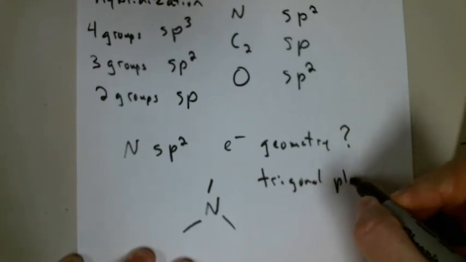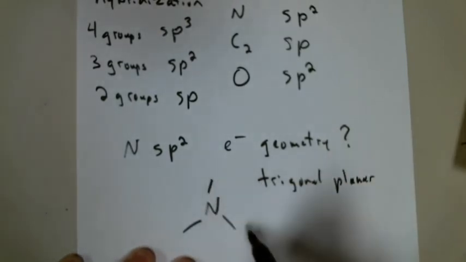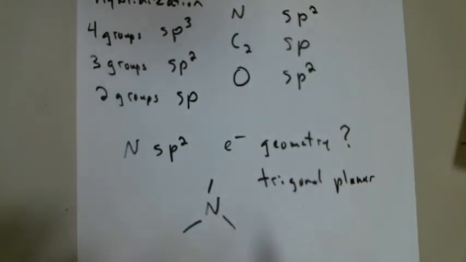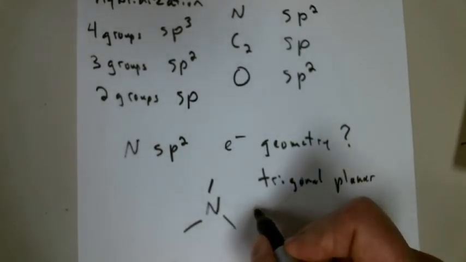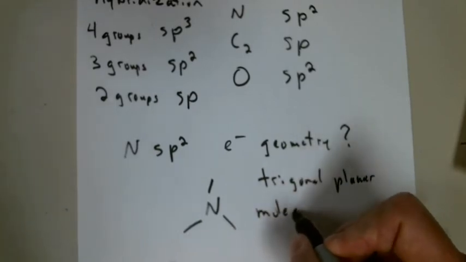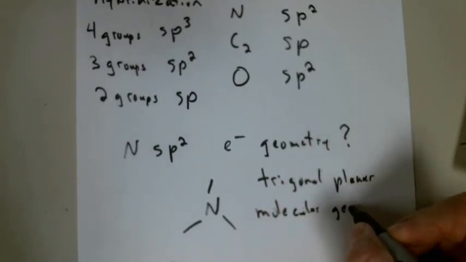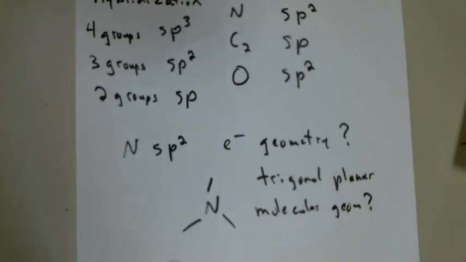That's trigonal planar. It's a triangle and it's all in the same plane to get as far apart as possible. So when we were doing the VSEPR stuff, all right, let's see, what's the molecular geometry?